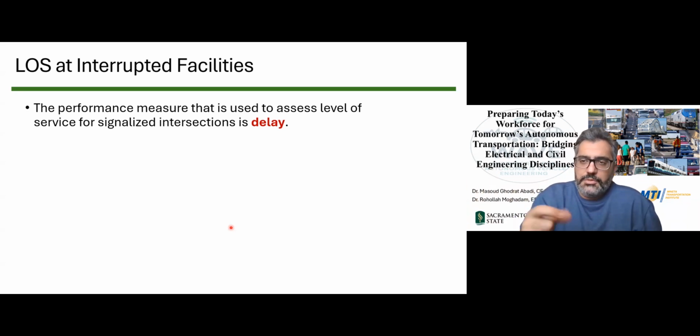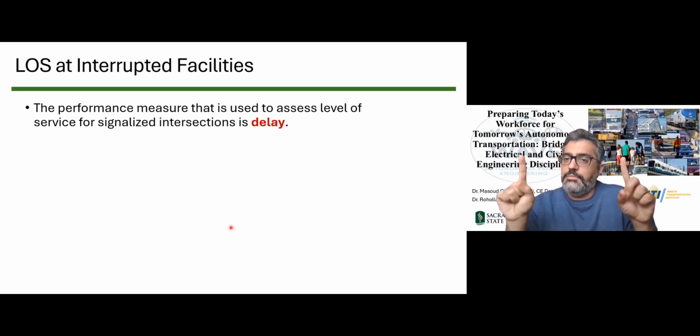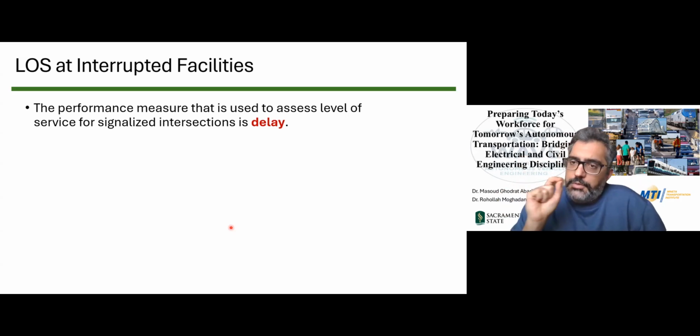They were basically showing different densities, right? So density no longer means anything at signalized intersections because we are talking about one node, one point. We are not talking about a segment. So when we are talking about a point, the measure that we will use is going to be delay. What is the delay that is imposed on the vehicles?